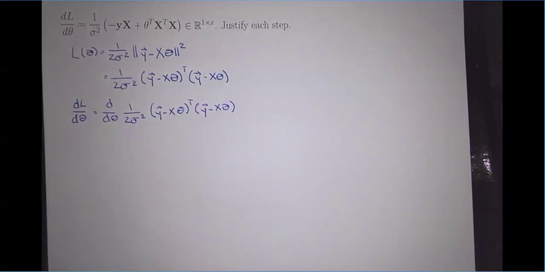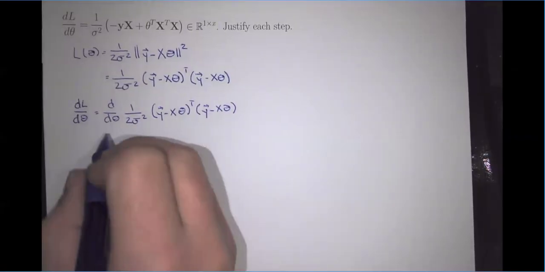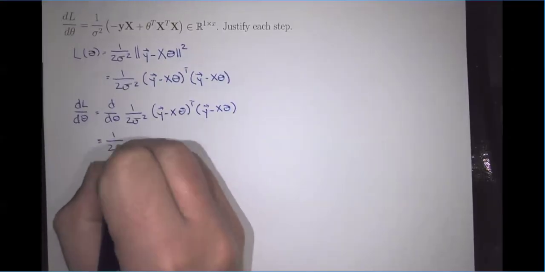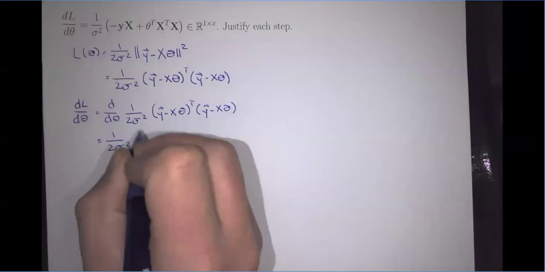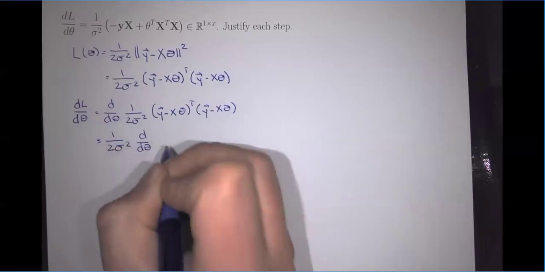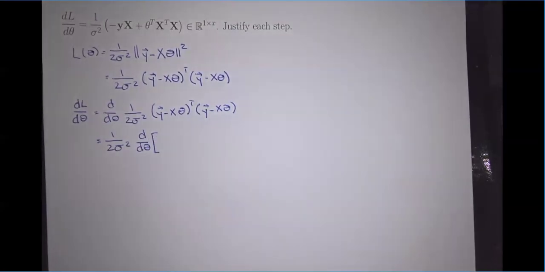Okay, so first, the 1 over 2σ² can come out front. That's just a constant, so we can treat that separately. This derivative then is going to be of this term only.